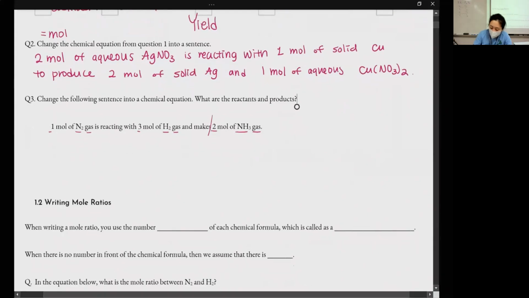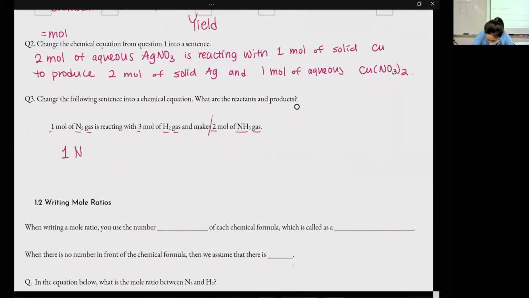So it will be 1 mole of N2 gas is reacting with 3 moles of H2 gas and makes 2 moles of NH3 gas. That is how you convert the sentence into a chemical equation.